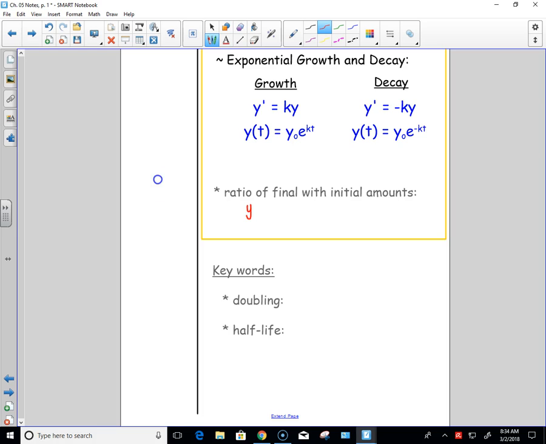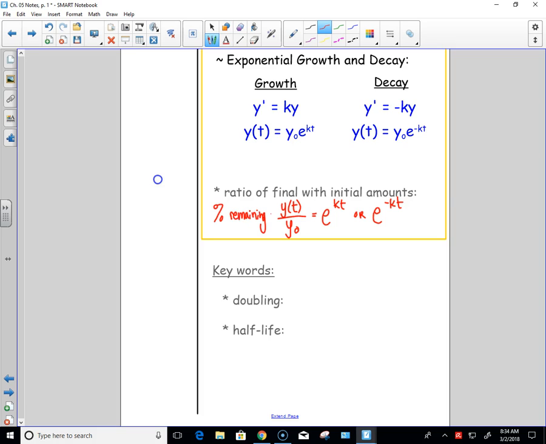We'd also want to think about, hey, we can always take any sort of percentage remaining. It depends on whether you would use growth or decay as to whether the amount remaining was greater or less. This is a way of thinking about a percentage remaining.